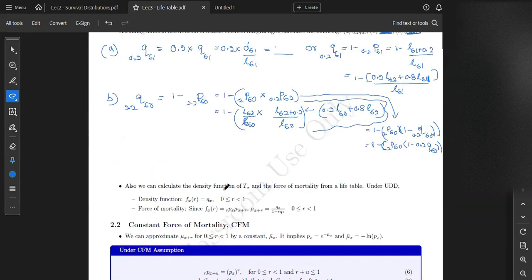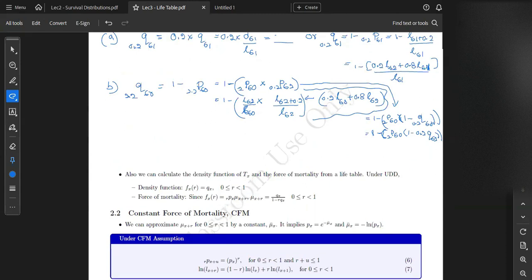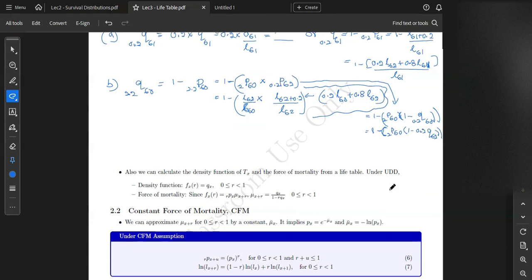Finally, we can discuss this point and stop for today. We can carry out these calculations to find the density function for Tx and the force of mortality from a life table under this UDD. Most of the time when you are given a life table, they will mention that this table is prepared under the UDD assumption or another type of assumption.